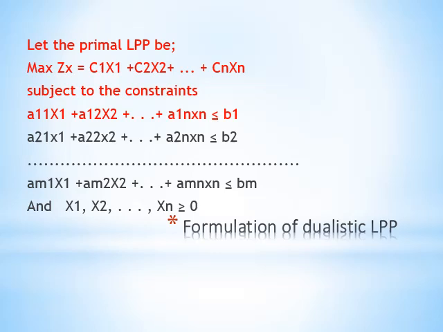It indicates available resources of the company, and so on. The non-negativity condition is x1, x2, xn more or equal 0.